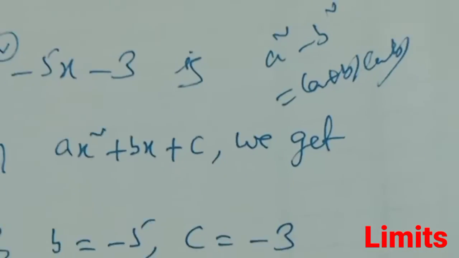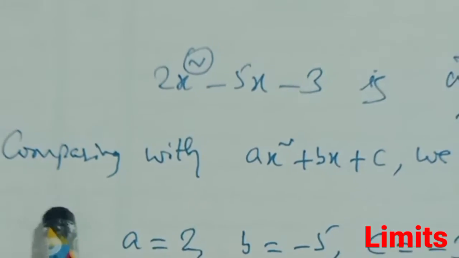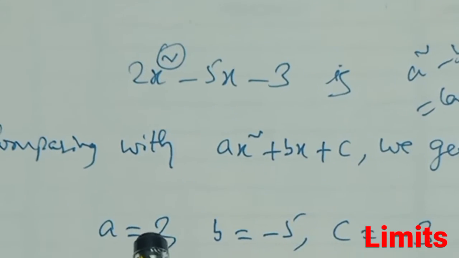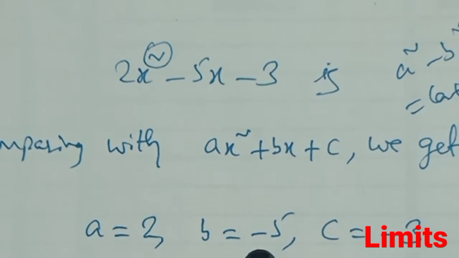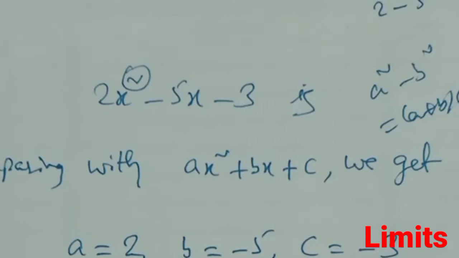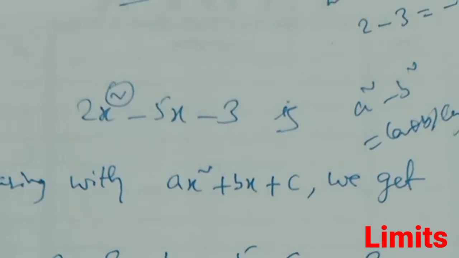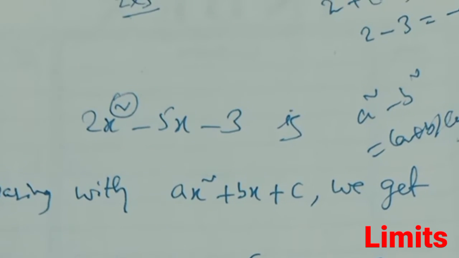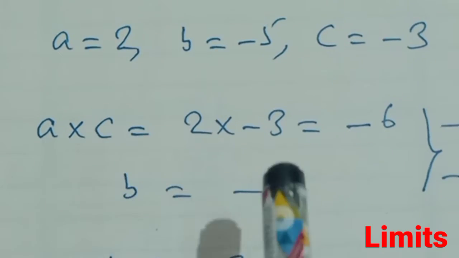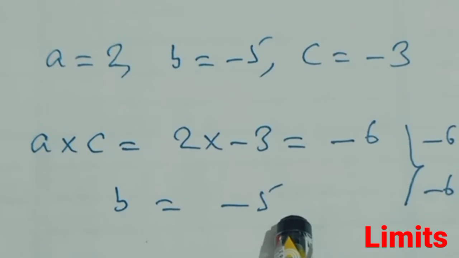Now 2x square minus 5x minus 3 is compared with ax square plus bx plus c. Then we get a is equal to 2, b is equal to minus 5 and c is equal to minus 3. Now first find the factors of this quadratic polynomial using the factorization method. a into c is 2 into minus 3, equal to minus 6, and b value is minus 5.